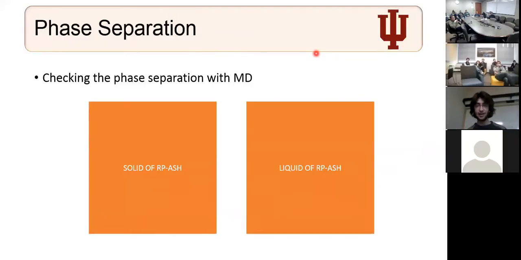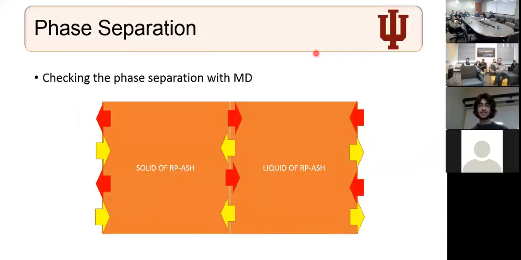So to study phase separation with molecular dynamics, what you want to do is you want to start with two blocks of the material that have the same composition as the RP ash. And you're going to take one and you're going to crystallize it so that the material falls on a lattice, and you're going to take another and it's just going to be a liquid. And then you're going to sort of staple these two simulations together, and you're going to try to run as close to the melting temperature as possible so that you can have this coexistence.